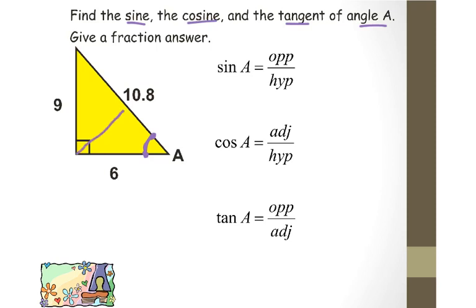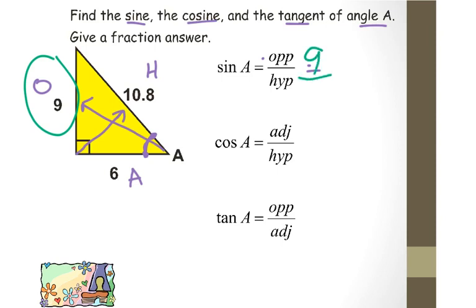What's always across from the right angle? Yep, hypotenuse. What always touches the arc? Hypotenuse and adjacent, leaving that 9 to be our opposite. So sine is opposite, the number 9, over hypotenuse, 10.8.